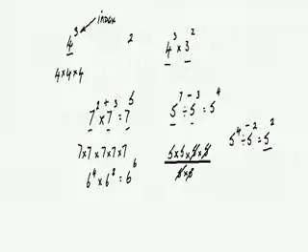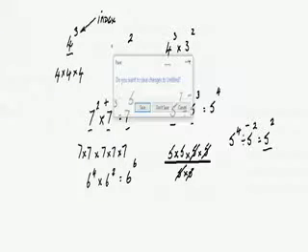Now sometimes you will see a power in brackets. So let's say we've got 2 to the power of 3 all squared. What they mean by this is 2 to the power of 3 is being squared. If something's being squared, it's itself times itself.